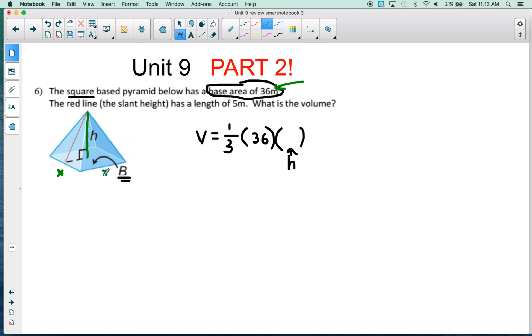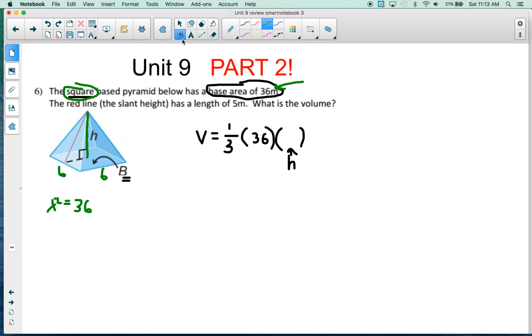These two sides have to be the same because they told us it's a square base. So we know they're both 6. You can do the square root of 36 on your calculator, or write x squared equals 36, the formal way, x times x, then square root both sides. It's not that tough to figure out that this is 6 and 6.